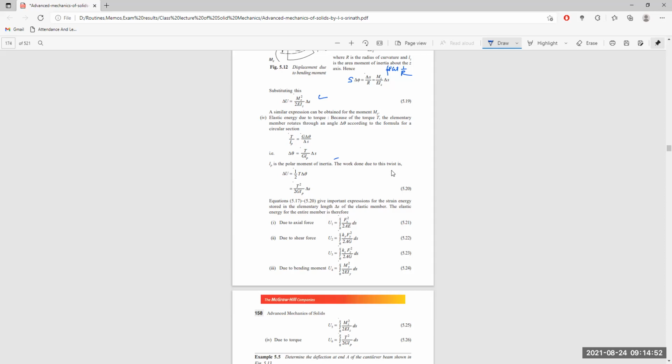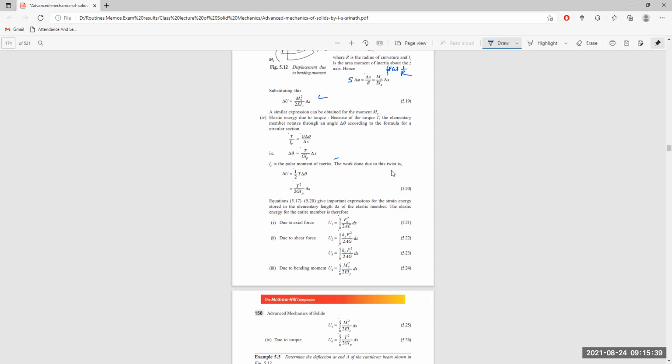Due to shear force, we use a factor k, and the force along the y direction creates a shear force on the material, multiplied by 2 into A G. There is another shear force F3 in the third direction, which gives U3. For bending moments, there are two bending moments: the moment vector along the y-axis and along the z-axis. The integration is from 0 to S, the maximum length of the beam, of M y square by 2 into E I multiplied by ds.